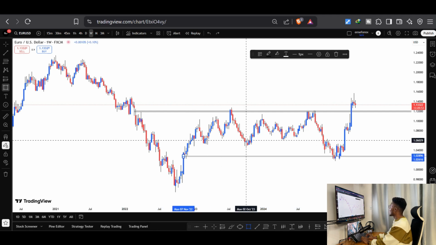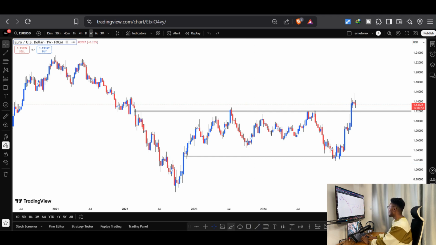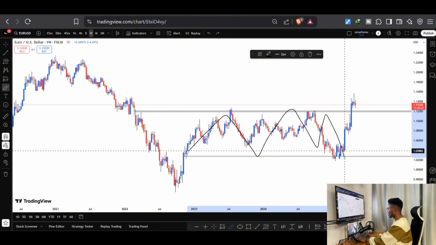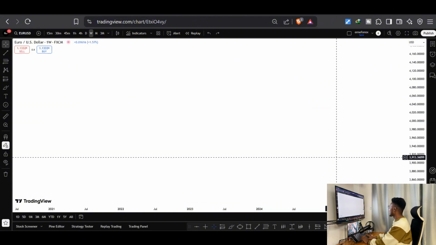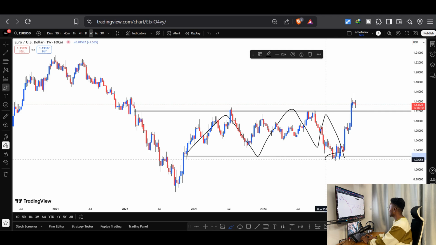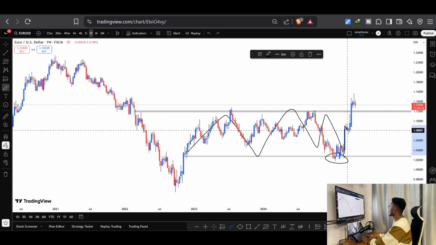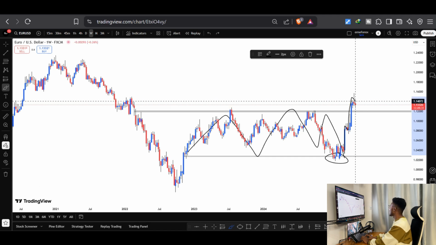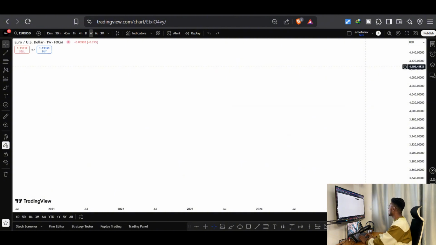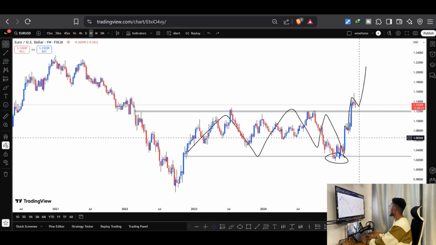Overall, on the high time frame, Euro USD has been ranging in between this region, and these have been the key lows that triggered price to go this high, then pulled back slightly. We've gone this high, we've pulled back, so this could be a continuation to the upside, depending on how the market reacts today.